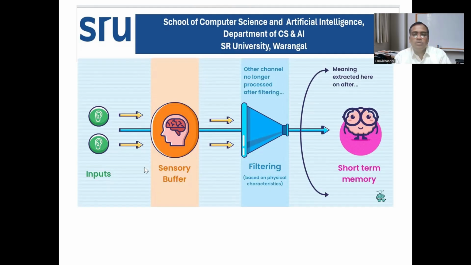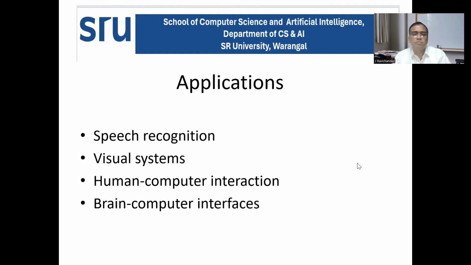Now, this is regarding your perception. The inputs go to the sensory buffer, which filters, and which can be stored in your short-term memory. So where are we going to use these things?